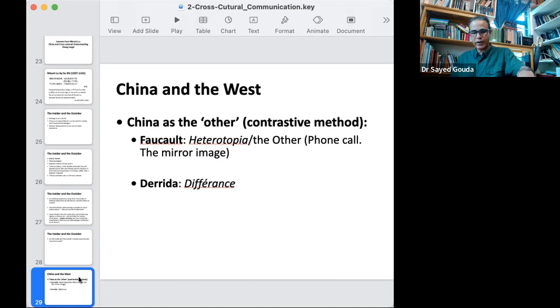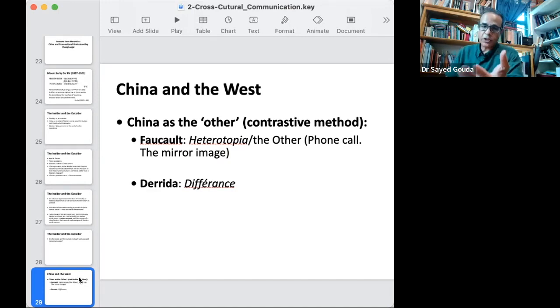We also find American scholars following the same way. They also look at China and Chinese culture as quite the opposite of Western culture, like the other, l'autre in French, the other. China is the other of, quite the opposite of, Western civilization, Western culture, and so on.